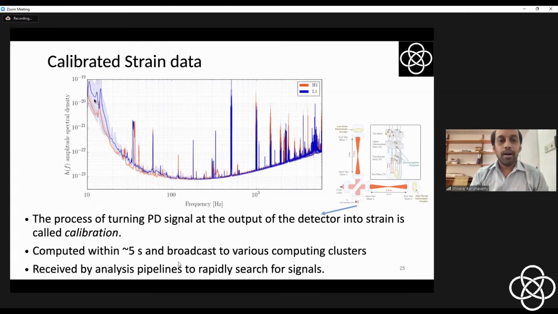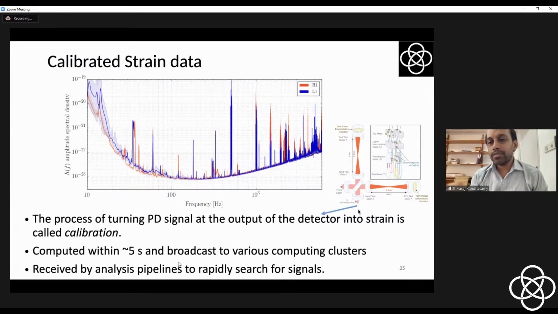Here is a picture that you might have seen in other papers on gravitational wave detectors, where you see a spectrum of the output of the interferometer. It is the amplitude spectral density as a function of frequency. As you can see, there is a number associated with this amplitude spectral density, 10 to the power minus 23, minus 22, and on the bottom you have frequency.